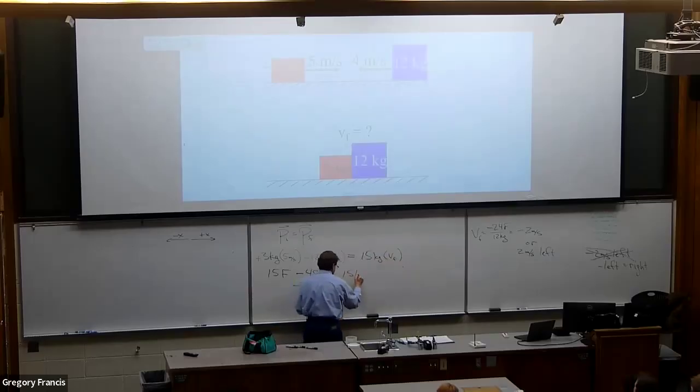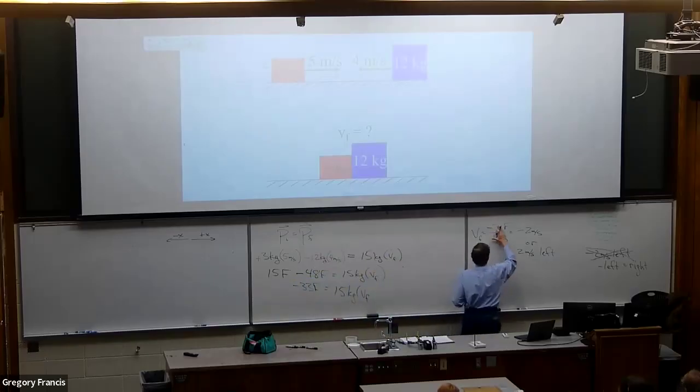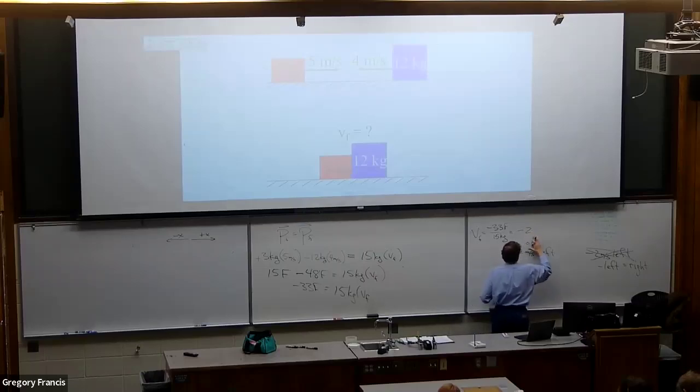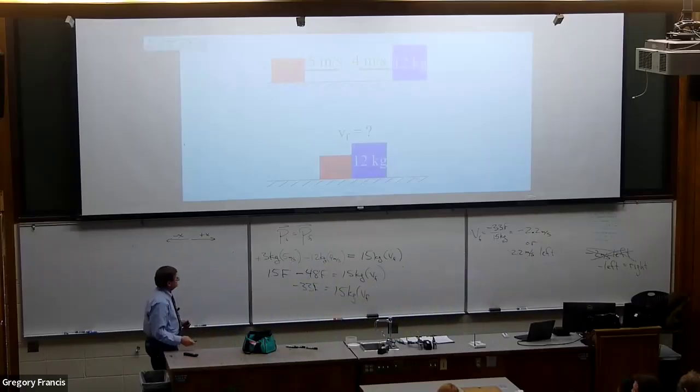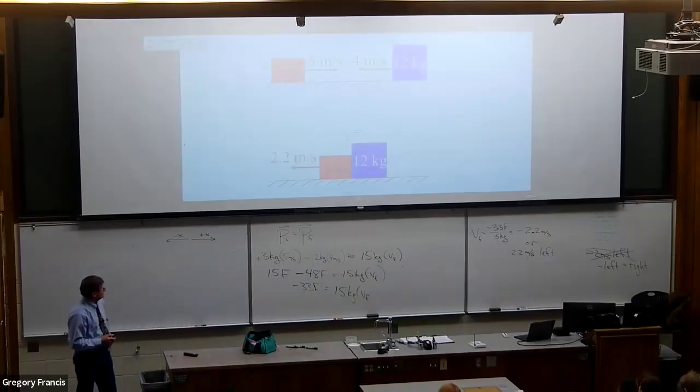That'd be 15 kilograms moving at some V final, and then this is going to be negative 33 Franci divided by 15 kilograms. And that's going to give me either negative 2.2 meters per second or 2.2 meters per second left. So the answer is 2.2 meters per second left.